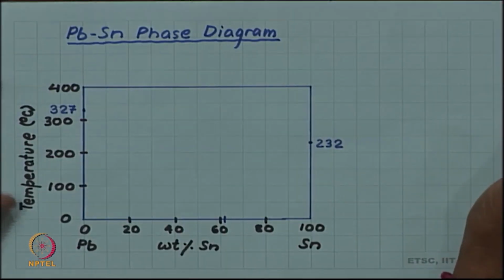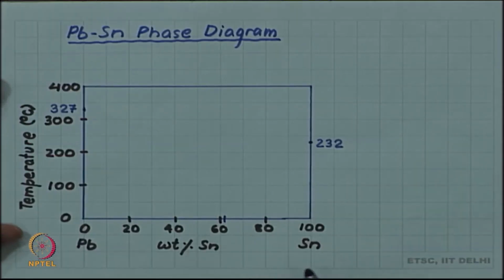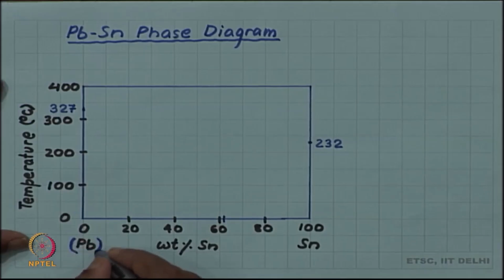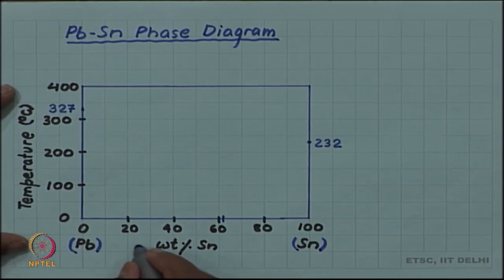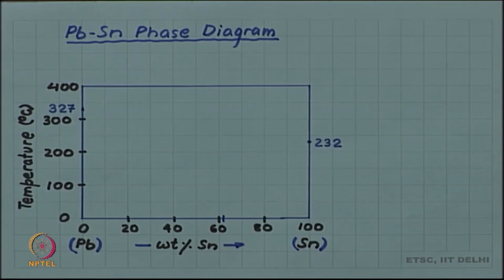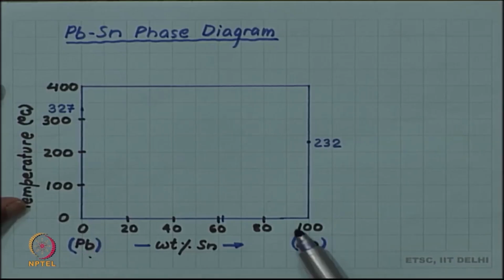For our binary alloy, the x axis is components. So, since it is a lead tin alloy, the components are lead and tin, and we decide to use weight percent tin as our x axis. So, 0% tin denotes lead, 100% tin denotes pure tin.